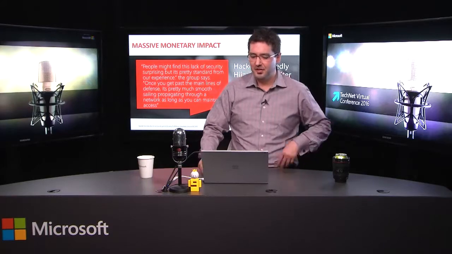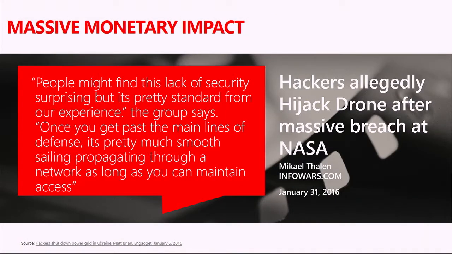And I guess, just to give you a bit of an idea about how expensive some of these breaches can be. This was just in the news a couple of months ago, where basically NASA was testing a drone. They were going to be flying it over the Pacific Ocean. The hackers broke in. They basically changed the pre-planned flight plan for this drone, and this actually happened.